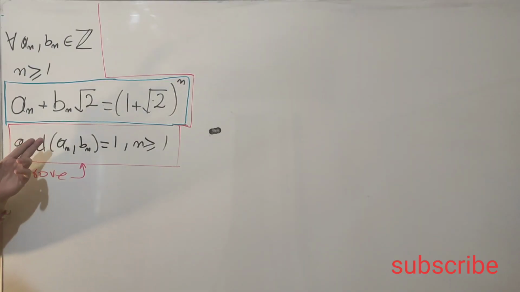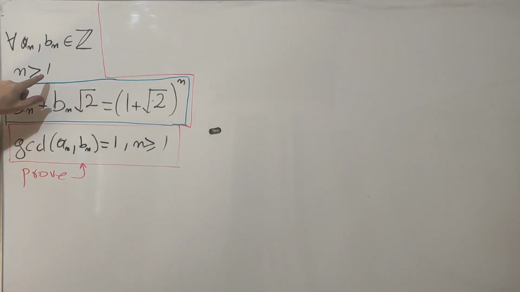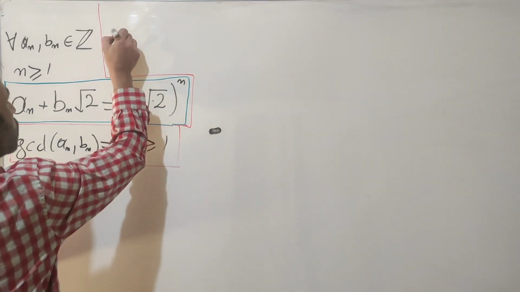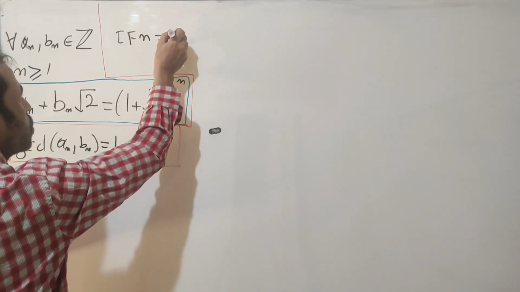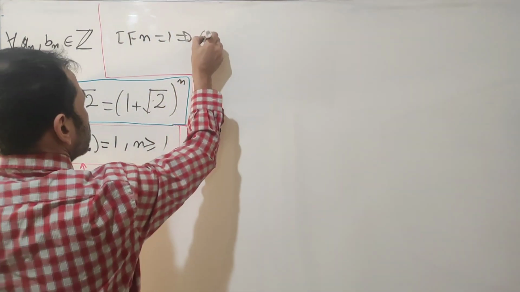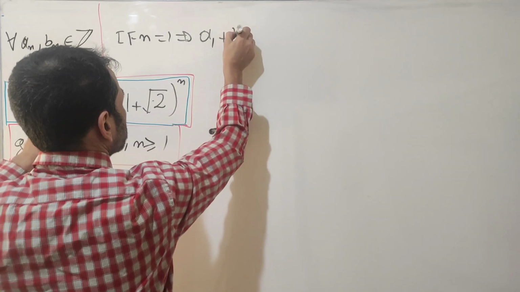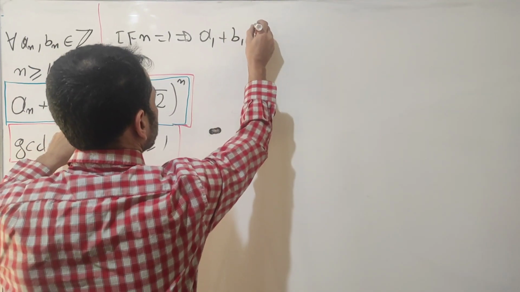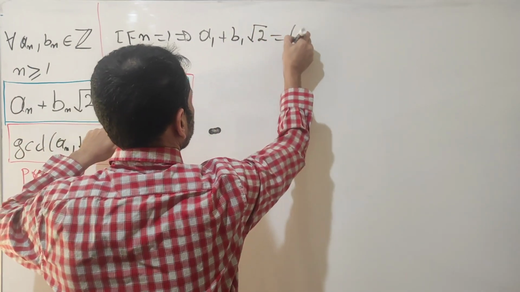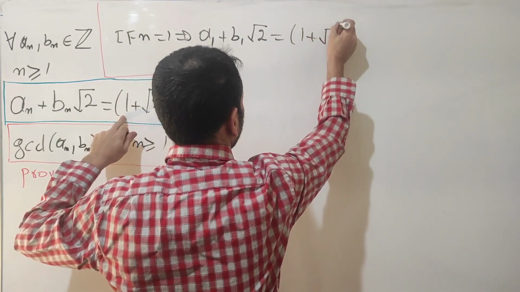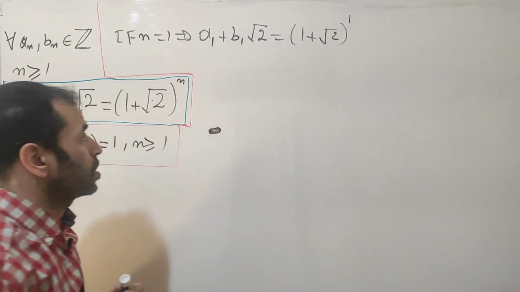In order to prove this, let's check n equals 1 first to see what the general expression is when you replace n with the number 1. If n equals 1, we get e sub 1 plus b sub 1 multiplied by square root of 2, which equals (1 plus square root of 2) raised to the number 1 as an exponent.